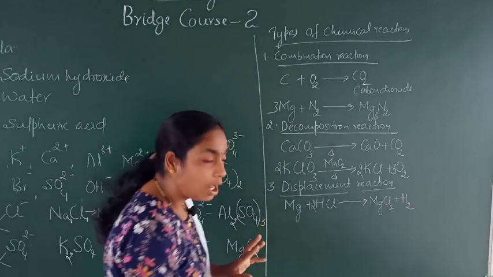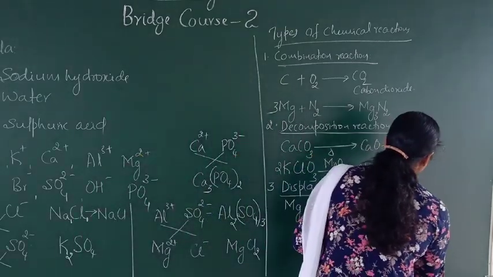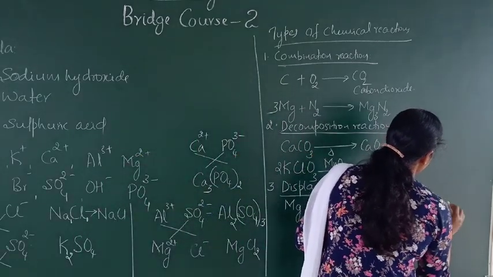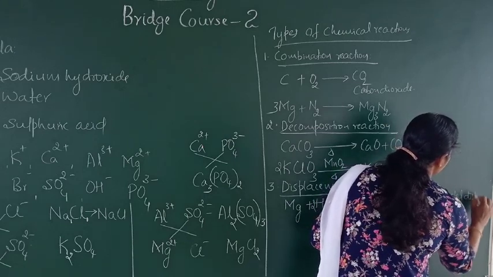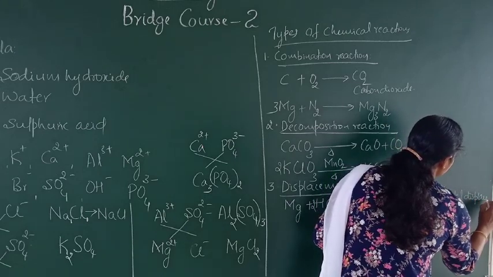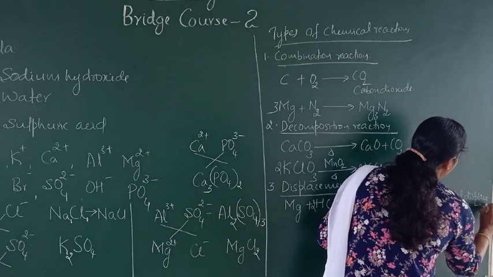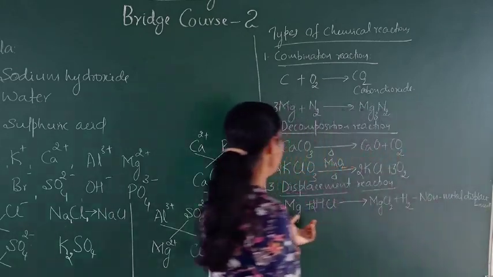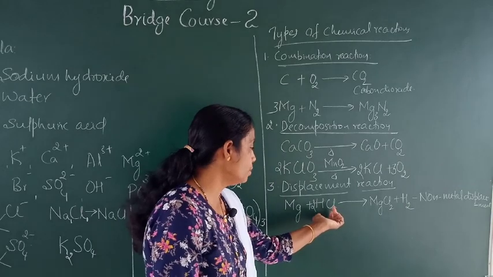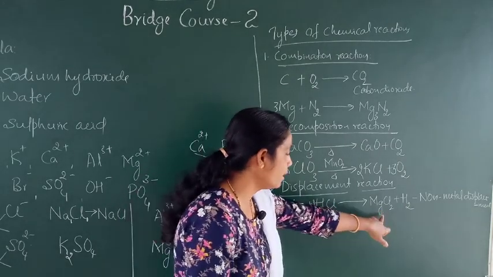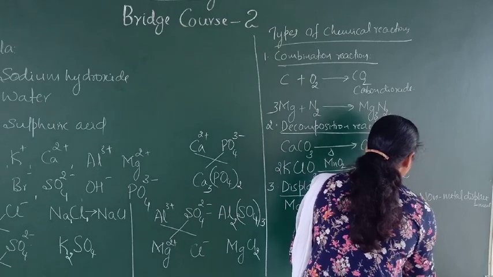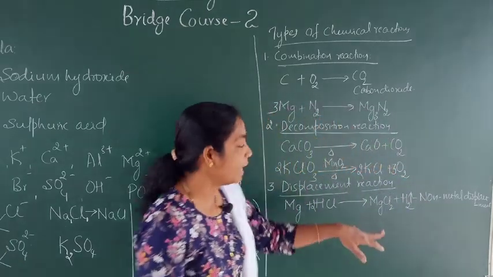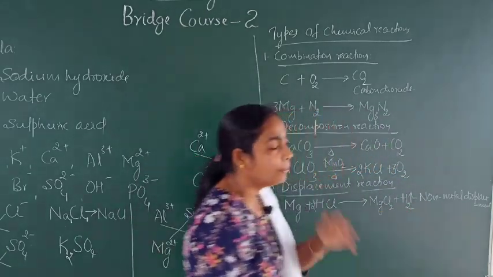Hydrogen is a non-metal, therefore this reaction is called non-metal displacement reaction. To represent gas, we have to write upward arrow mark.